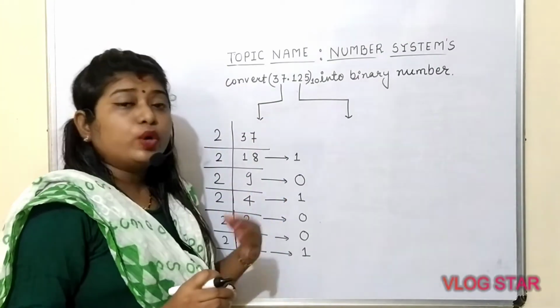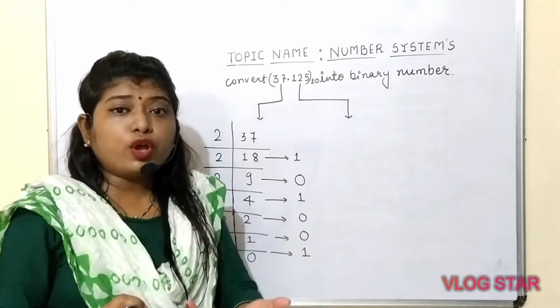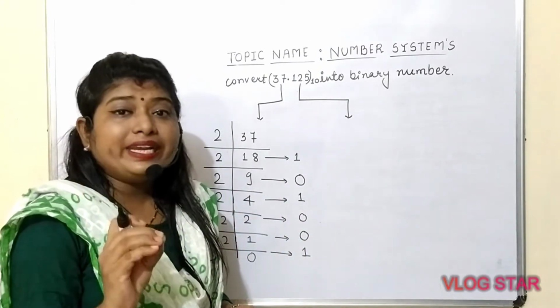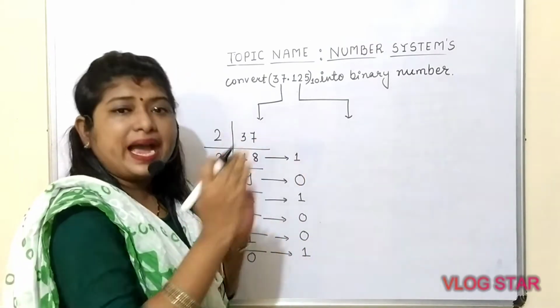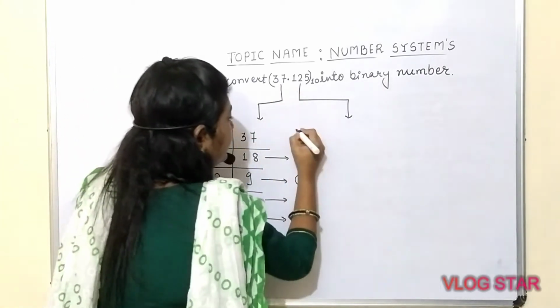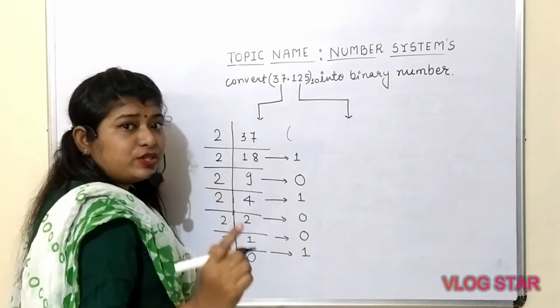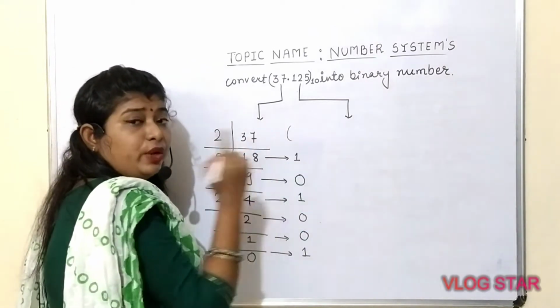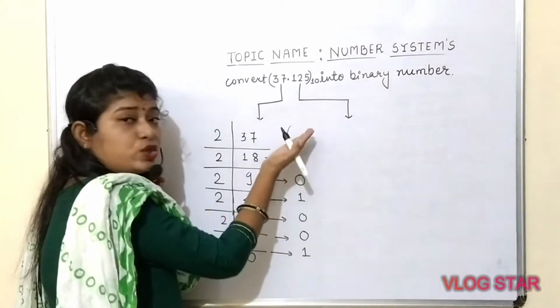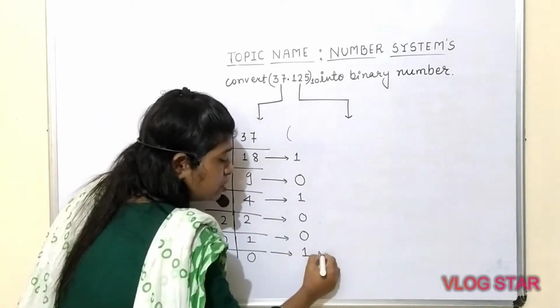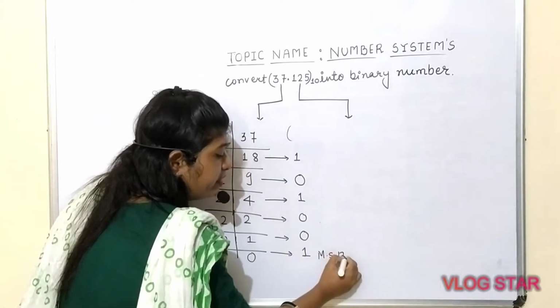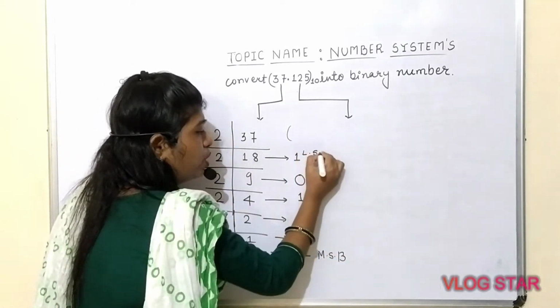After division, what would be the next step that you need to follow? You have to write down the answer in binary form. So I am writing the answer for 37. Please pay attention over here. As you know that while writing you need to write from MSB to LSB. So this is called as most significant bit, and this is what?